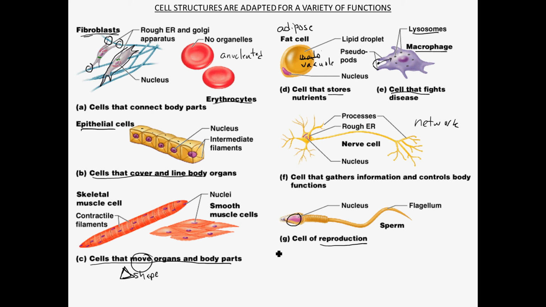A couple things about this. You're going to be looking at, thinking about how the structure of the cell is related to the function of the cell. And the other thing I want you to observe here is that not all cells look the same. There's extreme variety in what the cells look like.